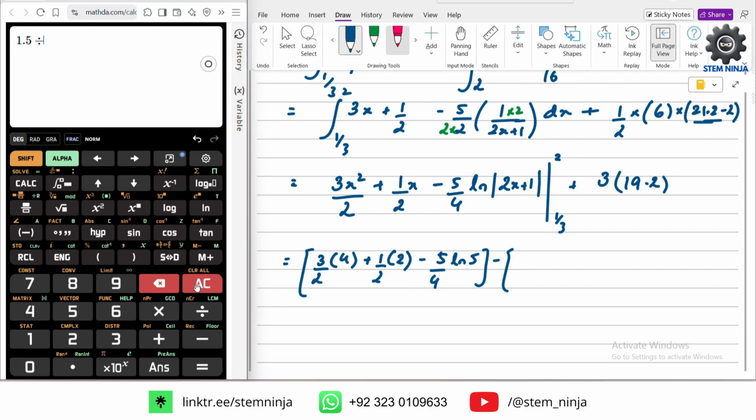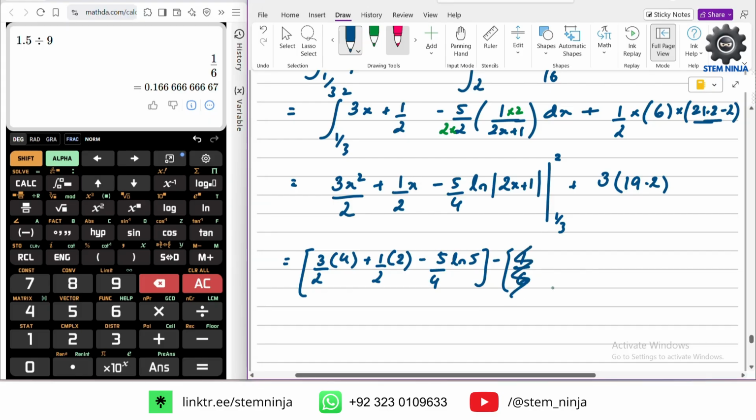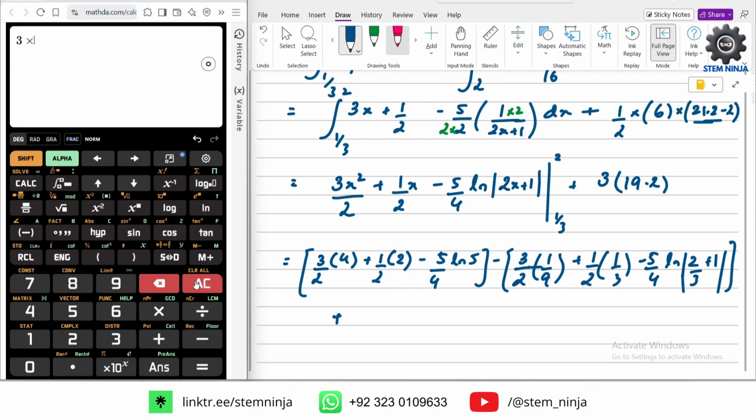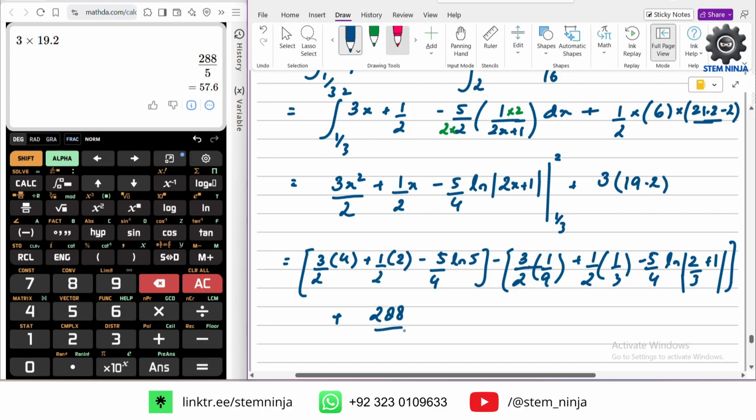1.5 divided by 9 is 1 over 6. Wait a second. First let's write it. 3 by 2, 1 over 9 plus 1 over 2, 1 over 3, and minus 5 over 4 ln 2 over 3 plus 1. Plus 3 times 19.2, 288 over 5.